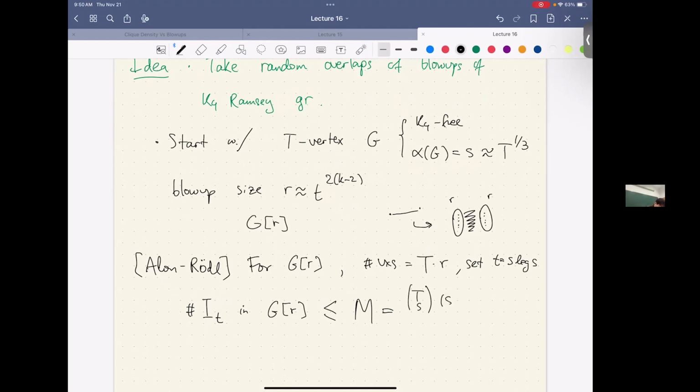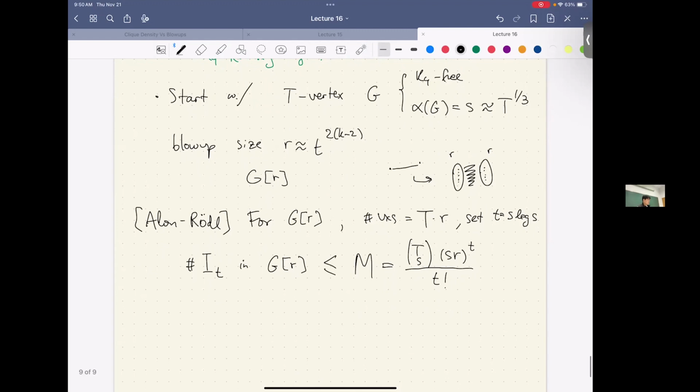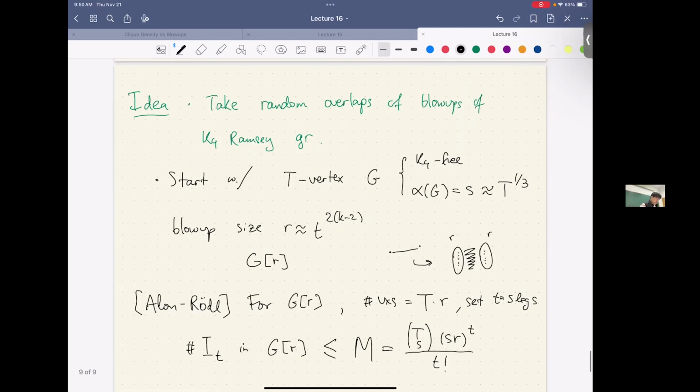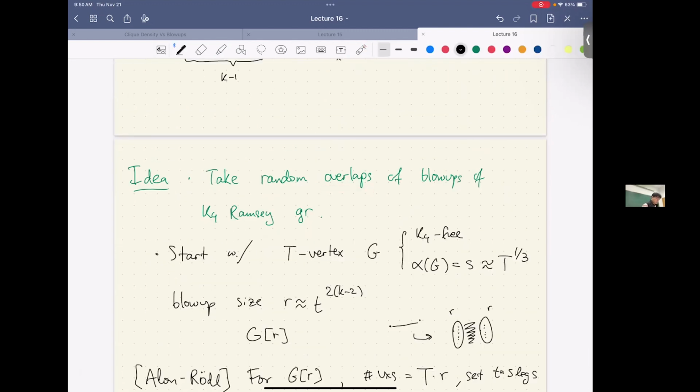I will not prove this one. There's T factorial. Okay, there's some number. You can bound it.